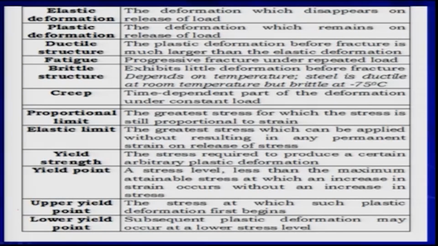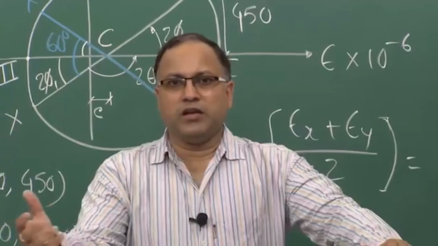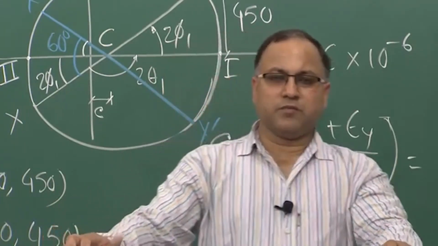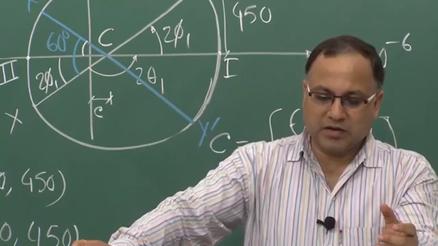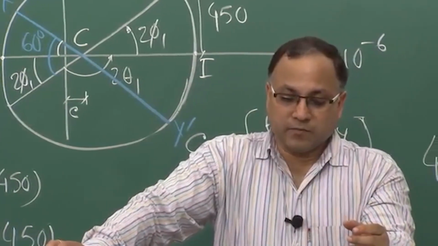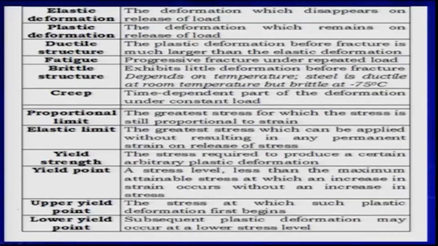Then fatigue, progressive fracture under repeated load. You apply the load repeatedly and suddenly at a certain point you will see that some fracture has happened. That kind of behavior is known as fatigue. Then brittle structure, it exhibits little deformation before fracture, something like glass.